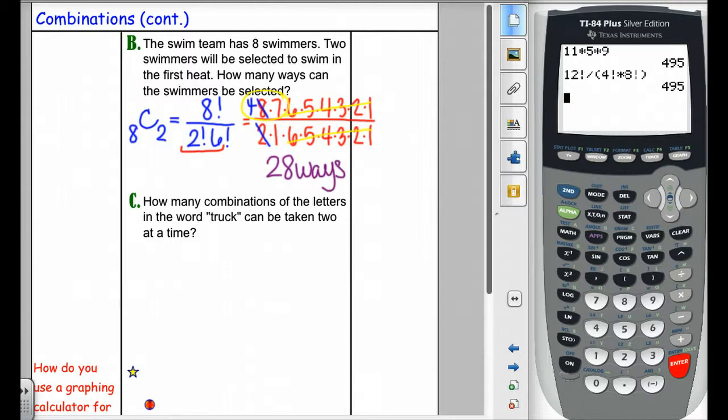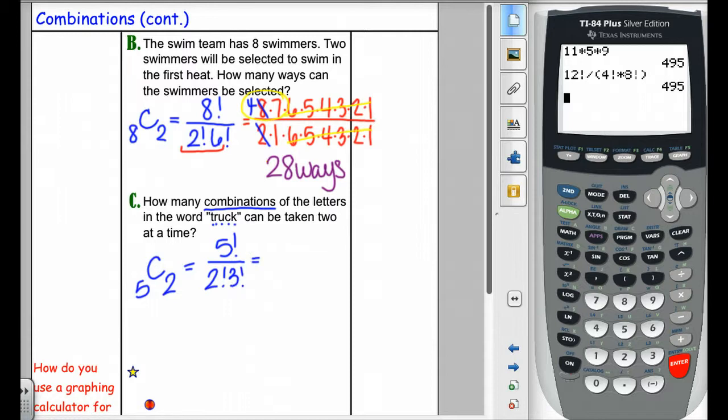Now, how many combinations of the letters in the word truck can be taken 2 at a time? I know this is a combination because it tells me. Truck has 1, 2, 3, 4, 5 letters, and we're taking them 2 at a time. That's 5 factorial over 2 factorial times 3 factorial.